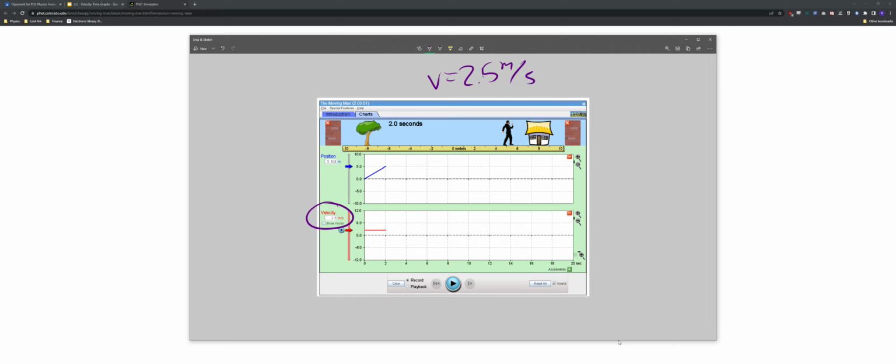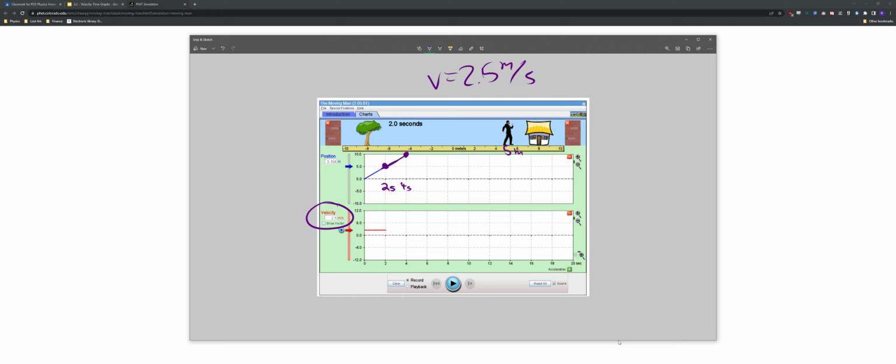So a position time graph would tell you that at 2 seconds, his position is 5 meters. And if his position at 4 seconds was 10 meters, the dot would be there, and then you would connect the dots.